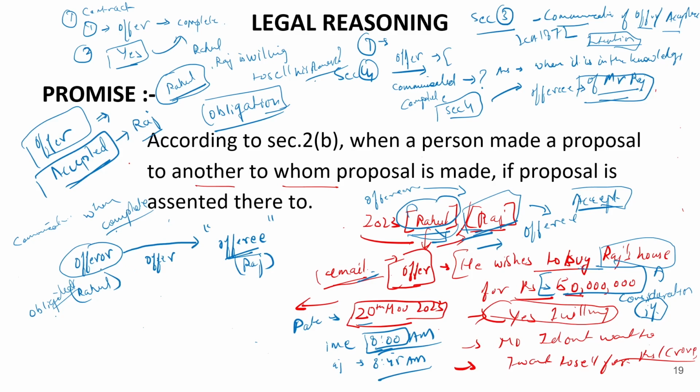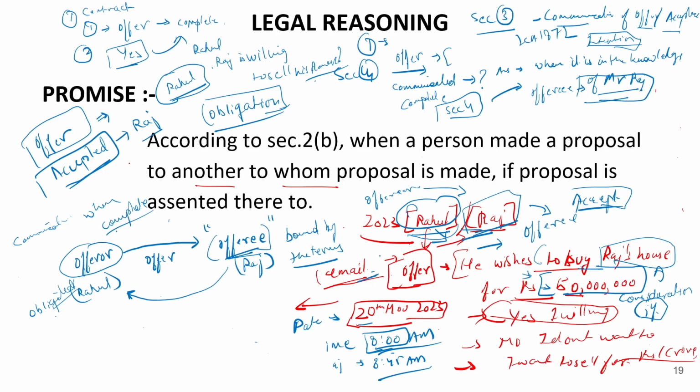And now, if the offeree also has to be made obligated and bound by the terms, and here the terms are that sell me your house for rupees 50 lakhs.